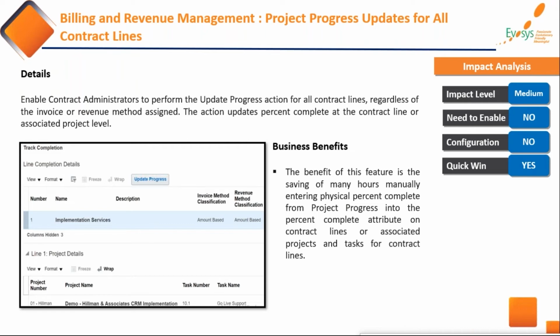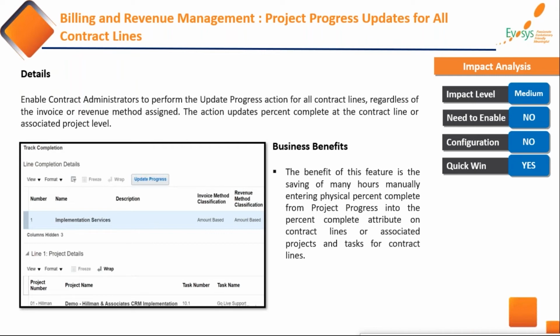But we used to receive the requirement that we want the progress which we have captured at project level to be reflected in our contract also, so we can generate reports like how much progress we have made from the revenue point of view, and how much billing has actually occurred against it.